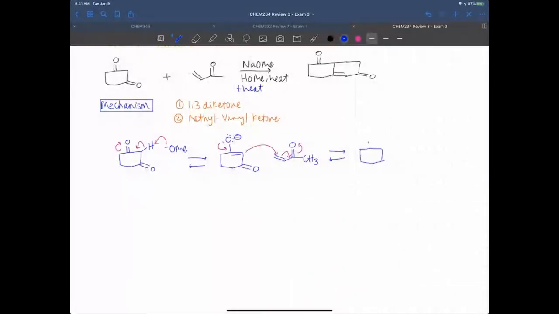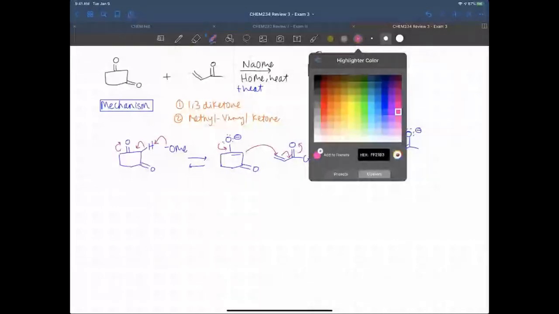Okay, so now I have my 1,3-diketone back, and what I get is this product here. Okay, so let me label out the carbons for you, just so you know what's going on.